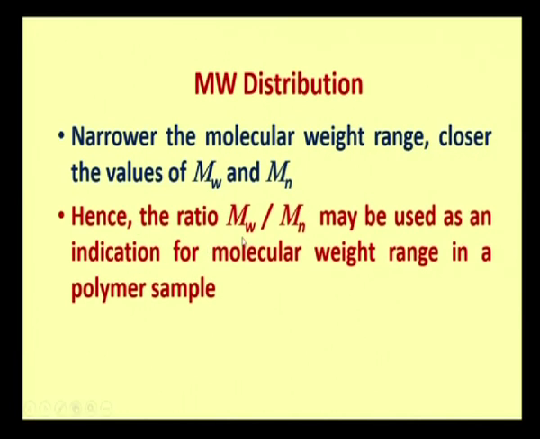Hence, the ratio MW by MN may be used as an indication for the molecular weight range in a given polymer sample. If it is very broad, if they are more different in values, then you can say that the distribution of the molecular weight is very high. If it is narrower or the distribution is very low, then you can say the ratio attains a value very close to 1, or the MW and MN values come very close to each other.